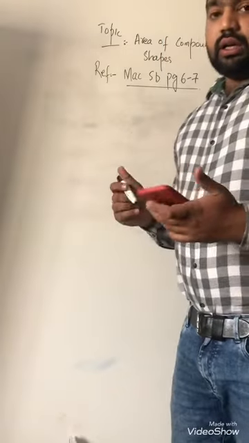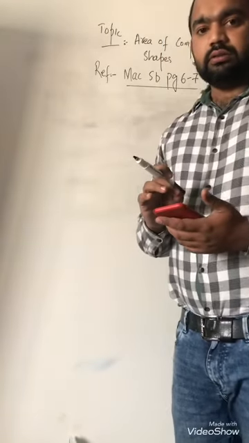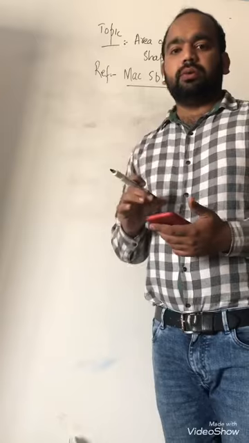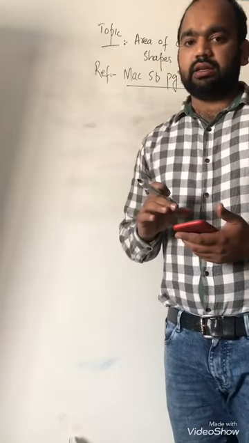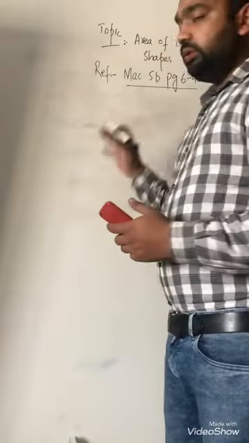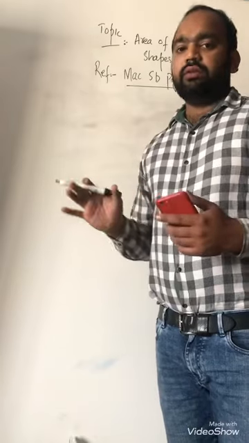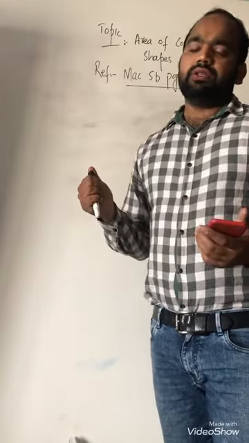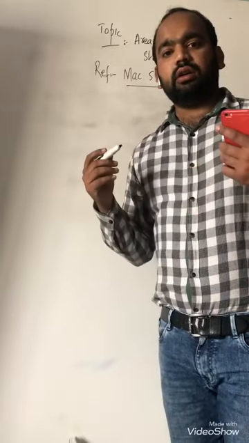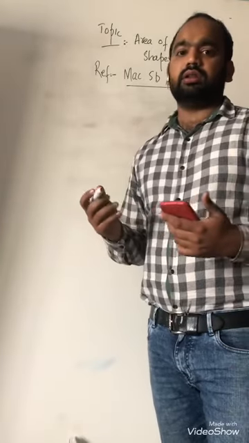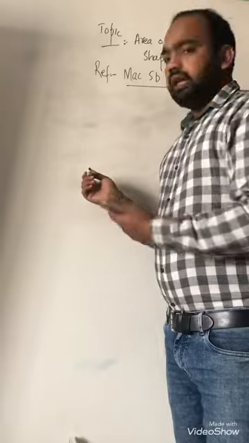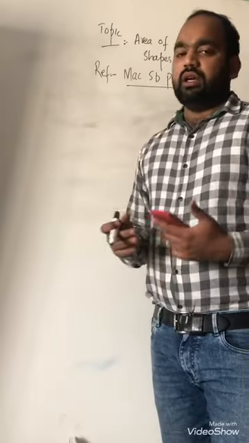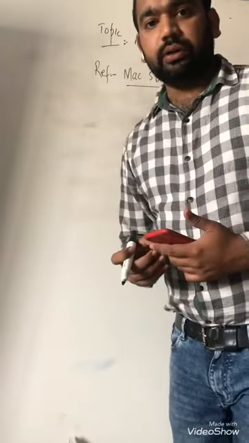So I have the pictures of our book sums in my hand, and I am going to solve a few of the sums which are a bit tricky for you. You can solve them in your copies, and if you face any problem even after elaboration, you can comment in the video below, right?